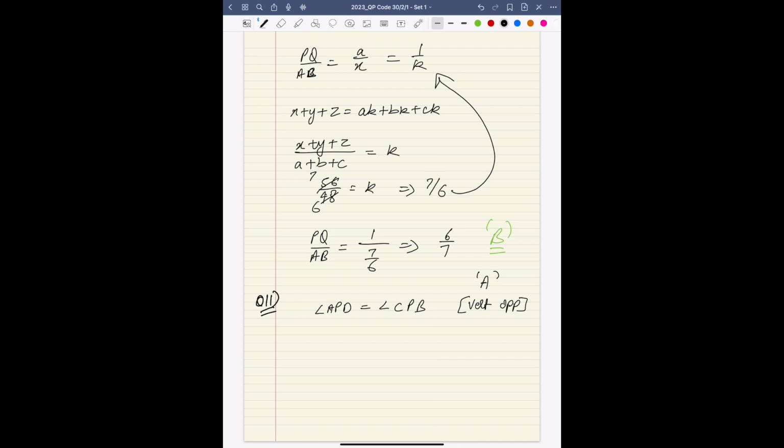Second one is, if you guys remember, there's a property. So there are theorems in circles, right? There are around 10, 11 theorems. Out of that, one of the theorems says that angles in the same segment, or angles drawn by the arc in the same segment, will be equal, right?